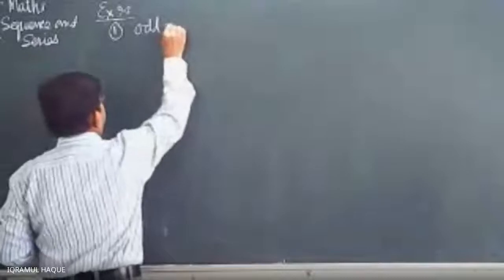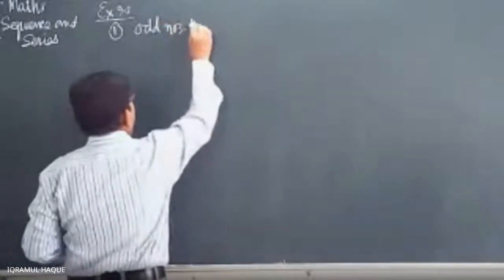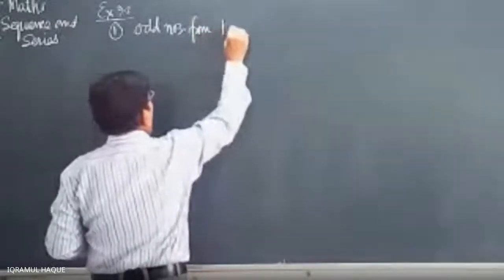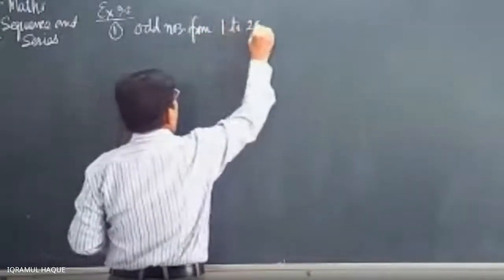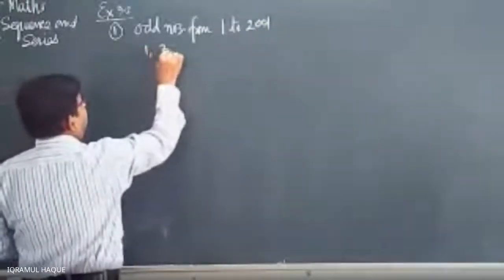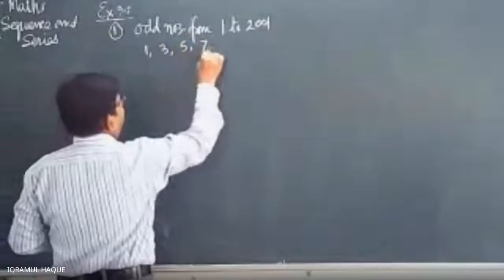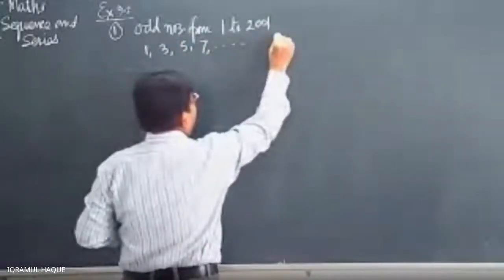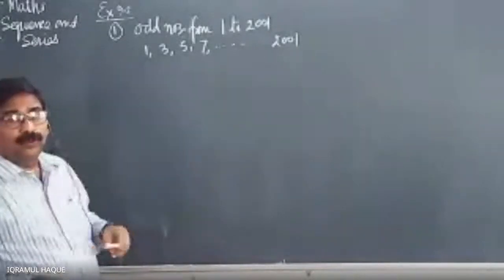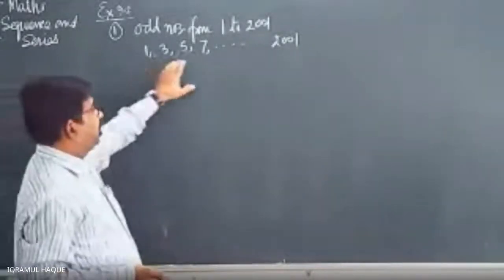So odd numbers from 1 to 2001. See, odd numbers are 1, 3, 5, 7 and so on. The last term is 2001. What to do? This is an AP.